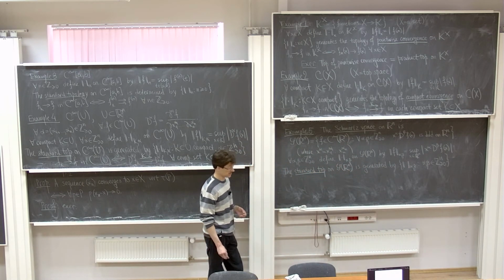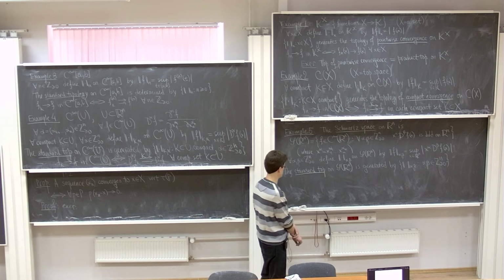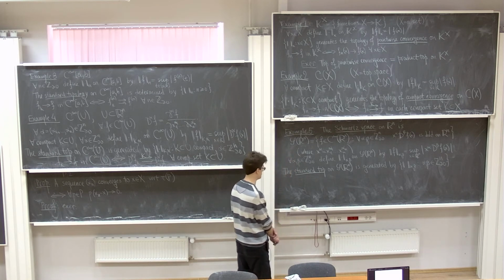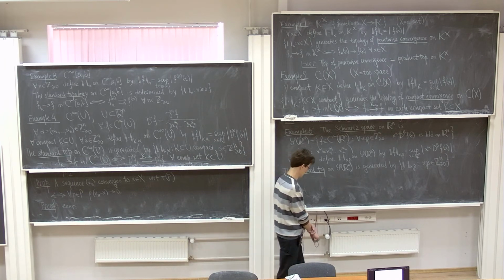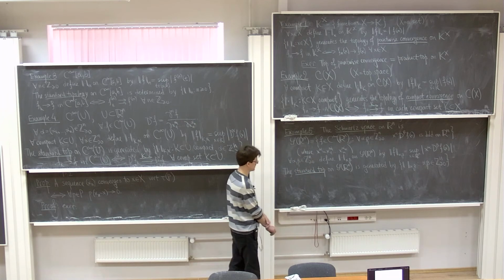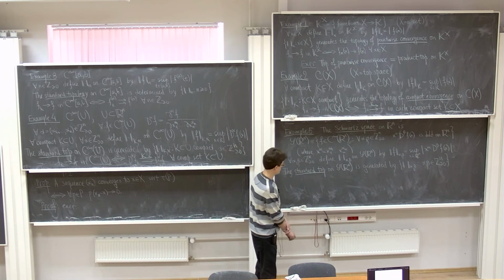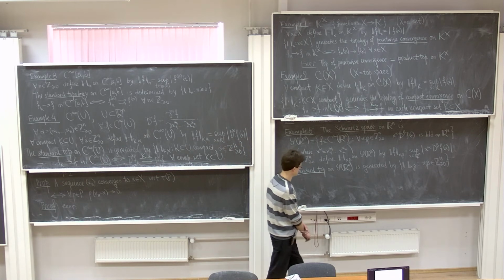In some cases, it's more convenient to take a slightly different family of seminorms. So several families with this property will be given in our next exercise sheet. But maybe this is the simplest one.